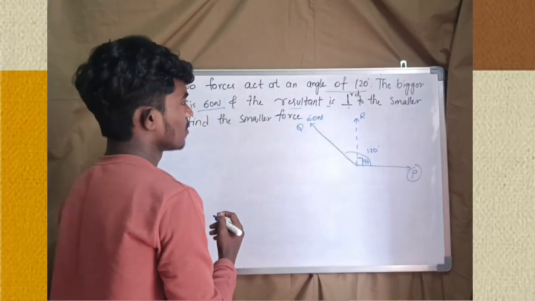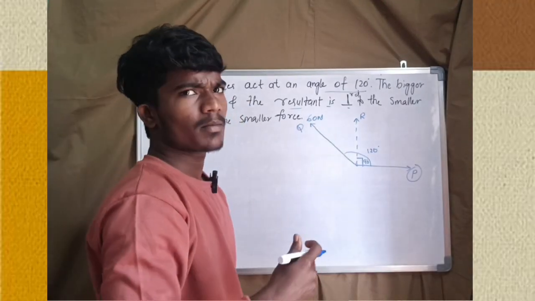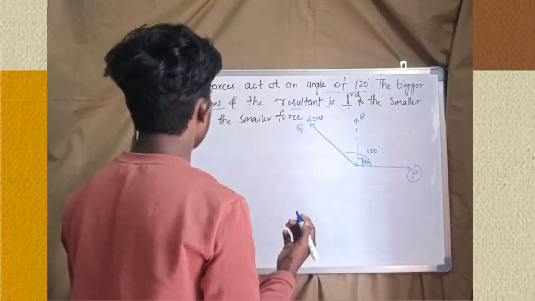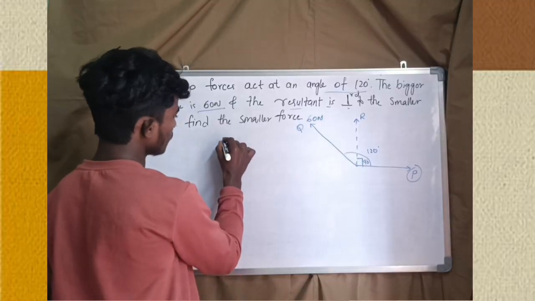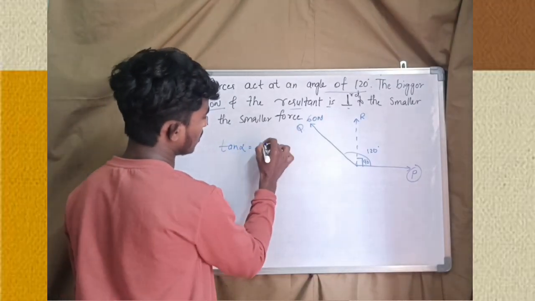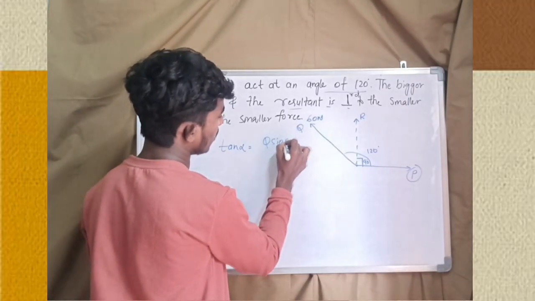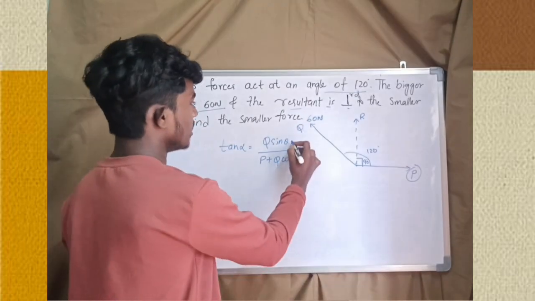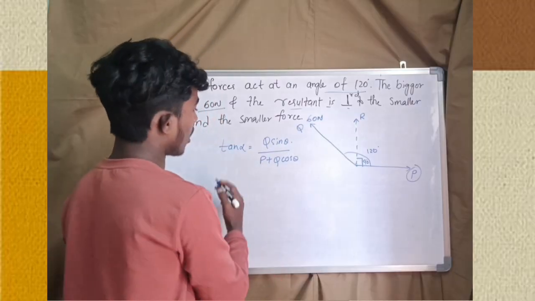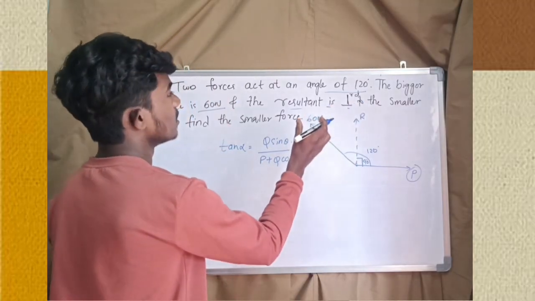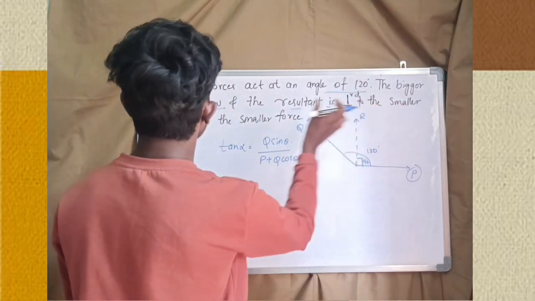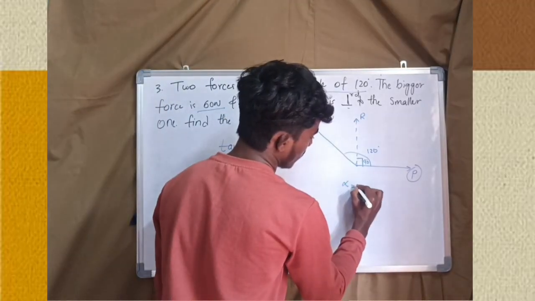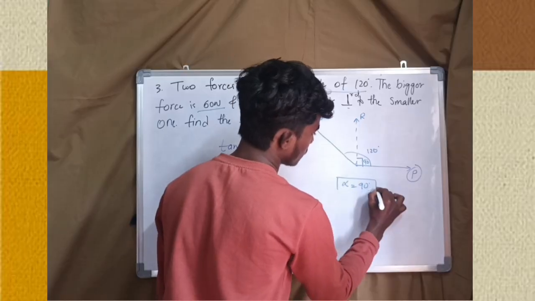The bigger one is 60 newtons. By using law of parallelogram of forces direction formula, we can calculate the smaller force, that is tan alpha equal to Q sin theta by P plus Q cos theta. By substituting theta value and Q value, the resultant is perpendicular to the smaller one, and we can see that alpha equal to 90 degrees.